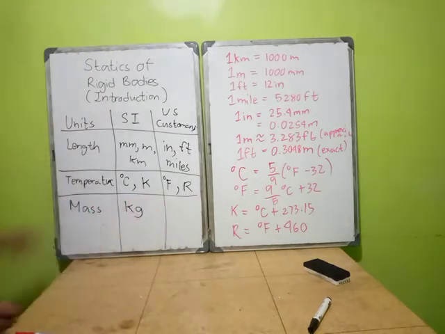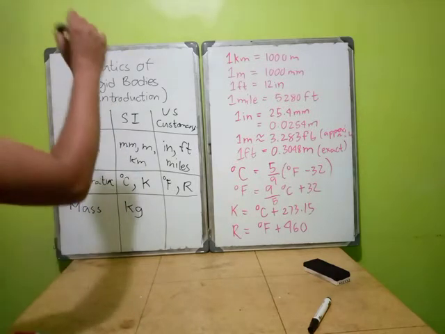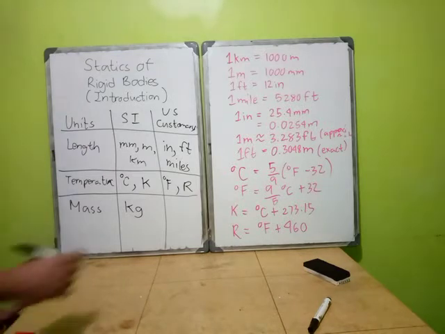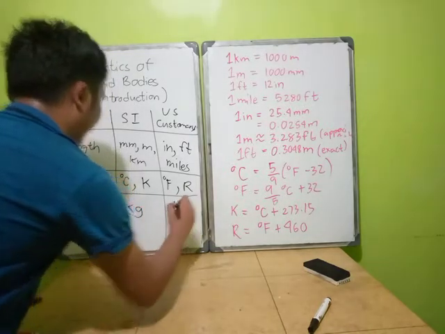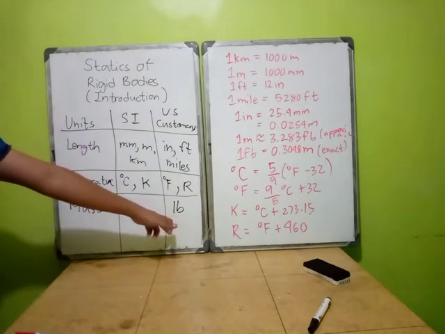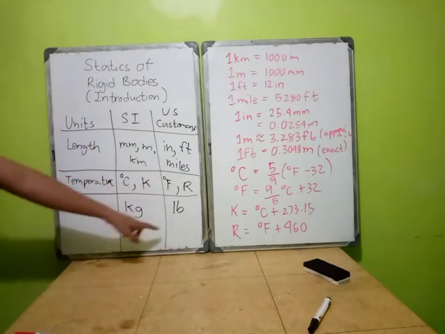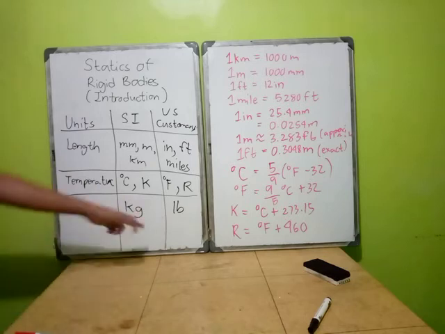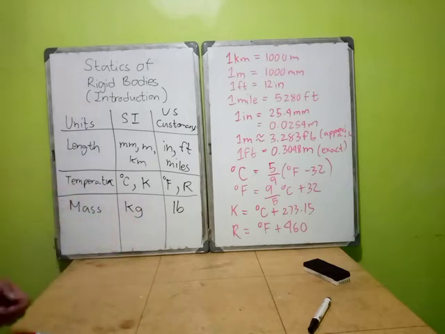The most common is kilogram in SI. And then for US customary, it is libra or pounds. Kilograms, pounds, or libra.